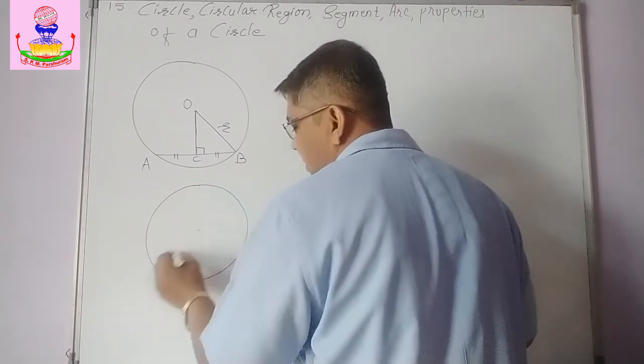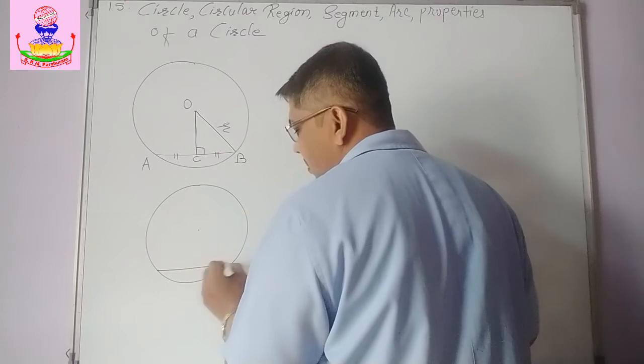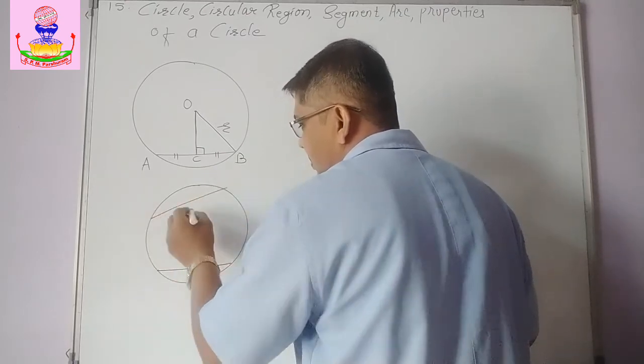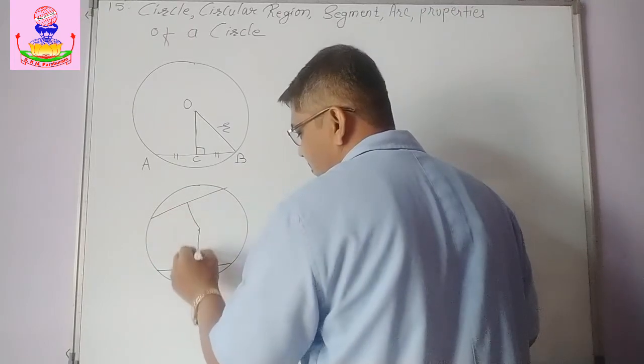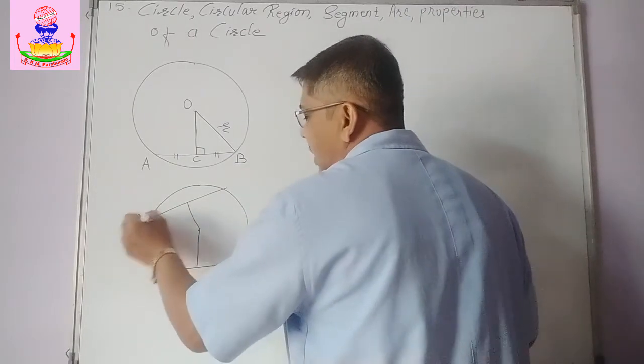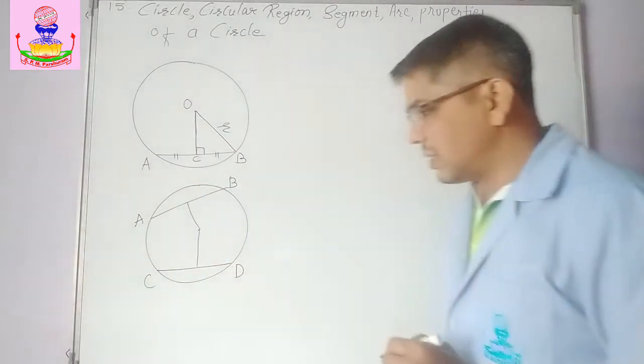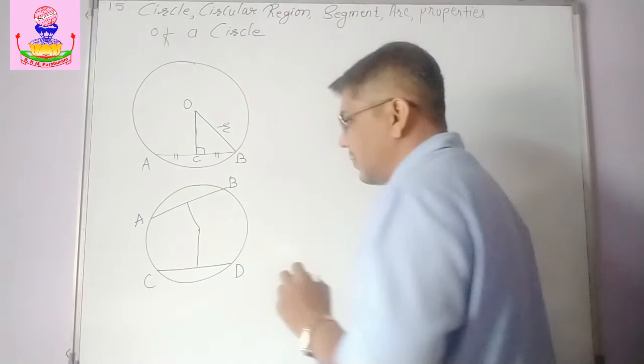Okay. Then one more thing. Congruent chords are always equidistant. So what it means is that suppose chord AB and chord CD are the two chords which are congruent.